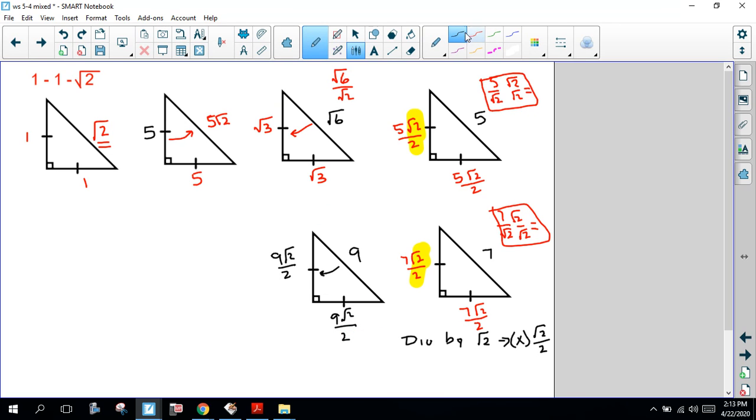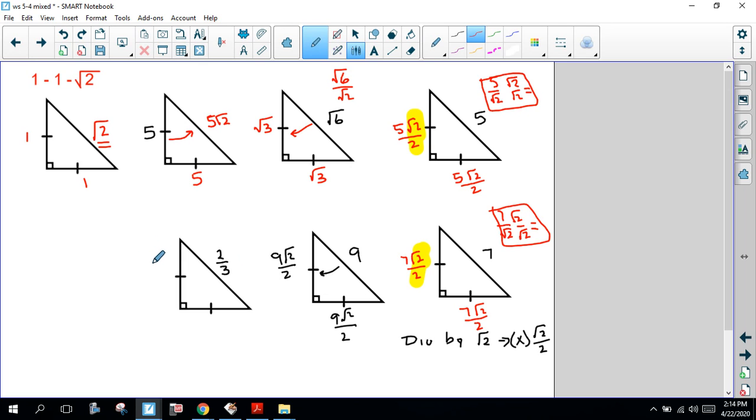Or maybe I've got another one, and this time I've got a hypotenuse, let's make it a fraction this time. So fraction, we're going to make it 2/3. Well, 2/3, we're going to divide by radical 2. It would get a little bit messy if we're going to rationalize, because I would put the radical 2 in the denominator. I'd have to rationalize.